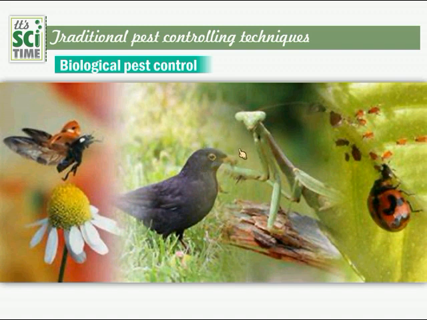Those birds catch the harmful insects, therefore pests are naturally controlled by such ones. Or some enemies of harmful insects, like this ladybird, which eats some bug types. Likewise, using natural enemies of the pests to control pests is a traditional pest controlling technique.